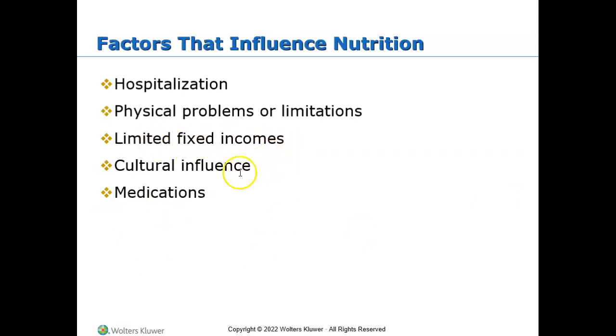Limited fixed incomes, they're not going to be able to maybe afford healthy foods. Cultural influence. Some cultures are going to eat foods that are more heavy in saturated fats.